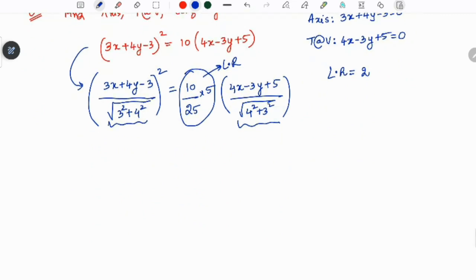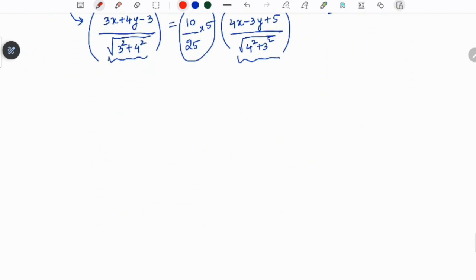Right. So now let's take a little bit bigger examples and try to understand the parabola equations. Let's take one example: (y - 3) whole square is equal to 12 into (x + 1).